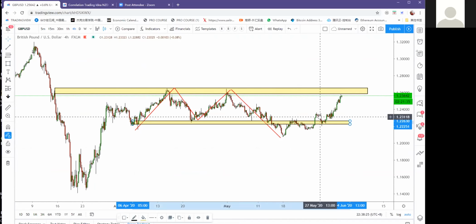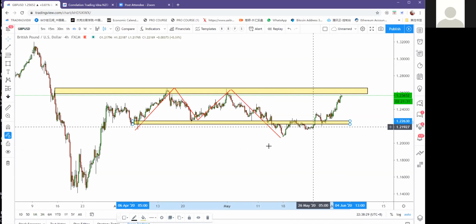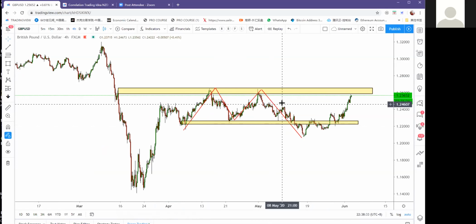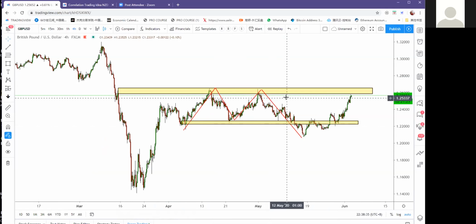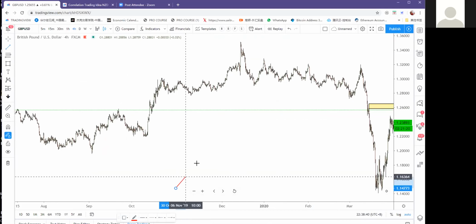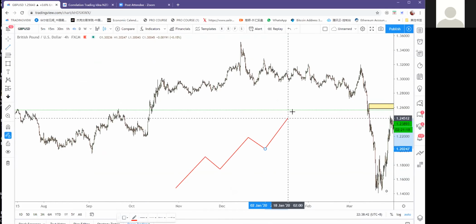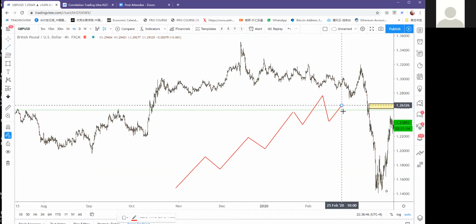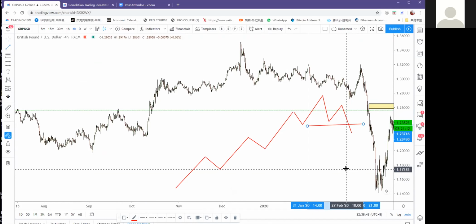The price actually pulls back above the neckline. And another thing is this double top did not occur in the right place. A double top should be something like this: after a strong rally, the price is at a very high location and then it comes in like this. This is a double top.